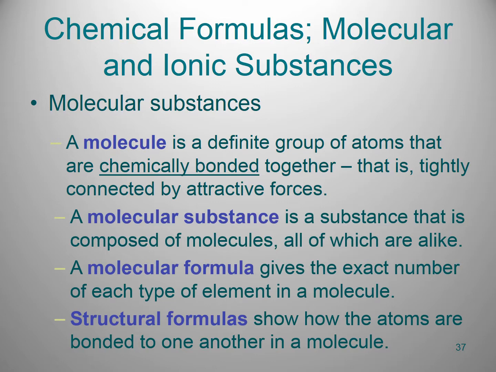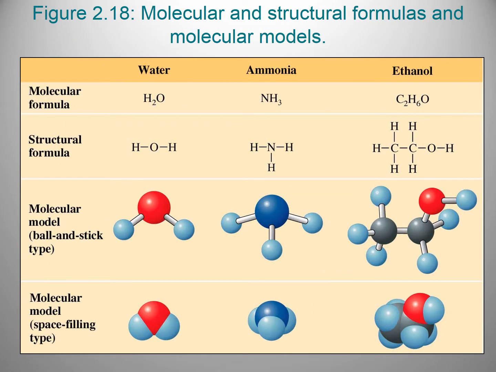Now we can take the molecular structure a little bit further and look at structural formulas, which we'll do actually at the end of the first semester. So a structural formula actually shows how the atoms are attached to each other. So this is just a little bit of the survey.